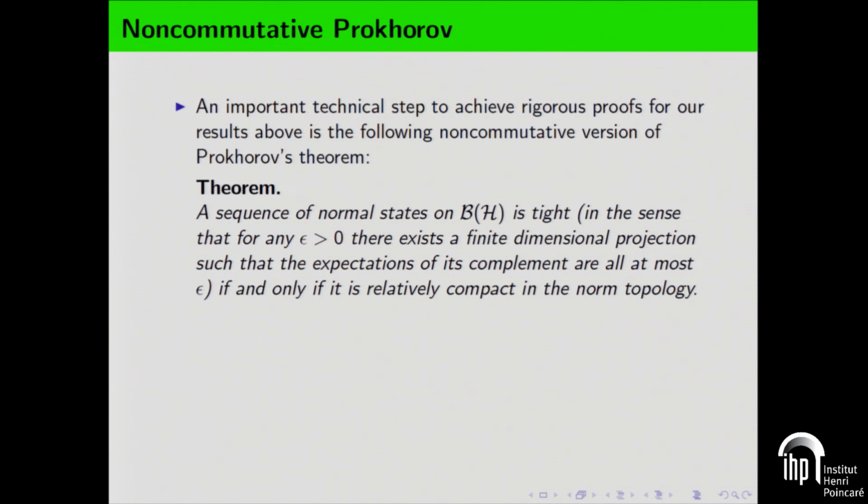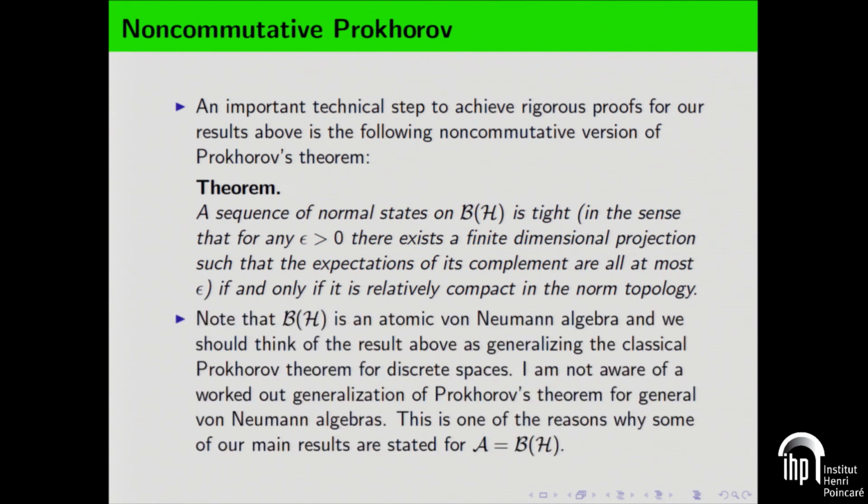It's tight if and only if this sequence is relatively compact in the norm topology. So if you have tightness, you can produce limits. That's the version of Prokhorov in this setting.